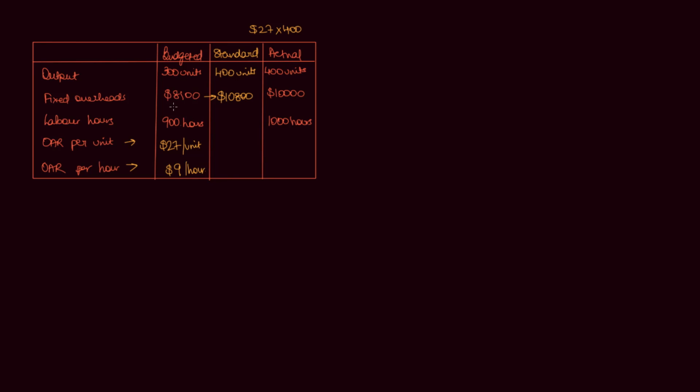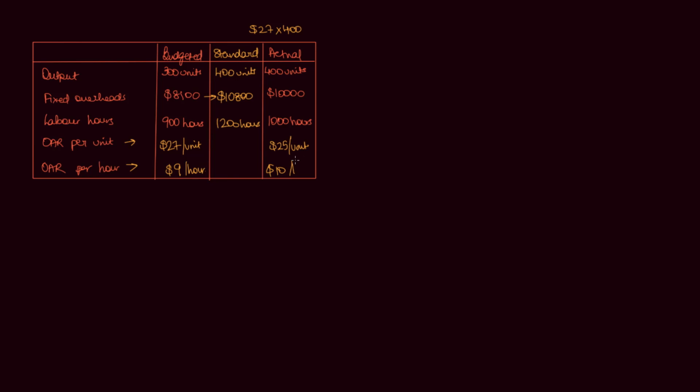So 900 hours for 300 units, that is 3 hours per unit. So 3 into 400, 1200 hours will be the standard hours required for this job. And also in the actual column, let's calculate the overhead absorption rate per unit, which is $10,000 divided by 400 units, $25 per unit. And for hours, it will be $10,000 divided by 1,000 hours, $10 per hour.